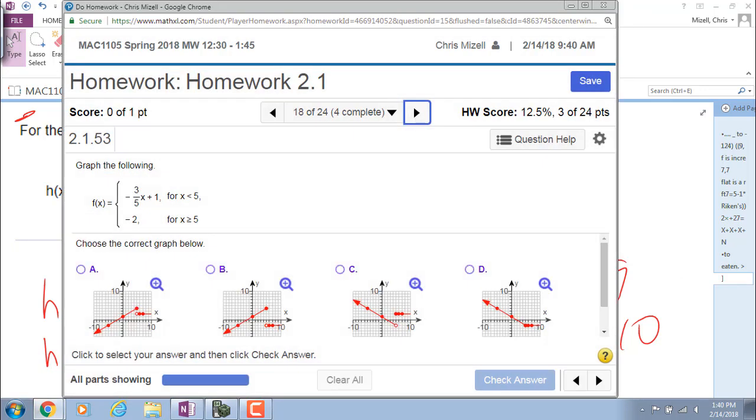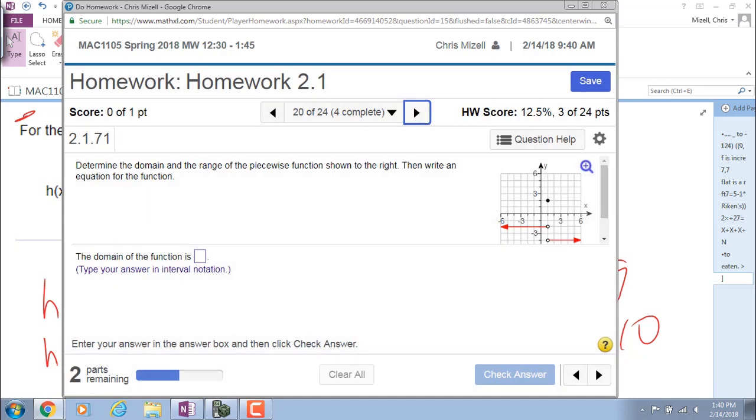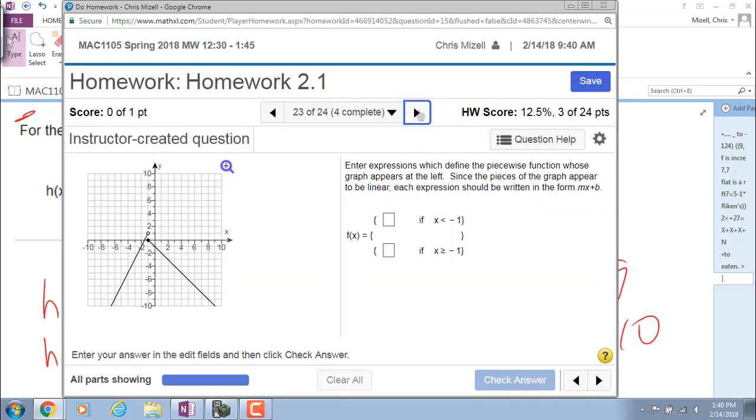Are we going to get through these piecewise functions unscathed? These next ones are multiple choice. I'm going to let you stare those down and see if you can figure them out. I think I've got some toward the end where it asks you to sketch the graph. Thought it did.